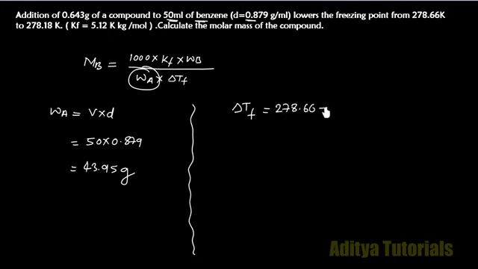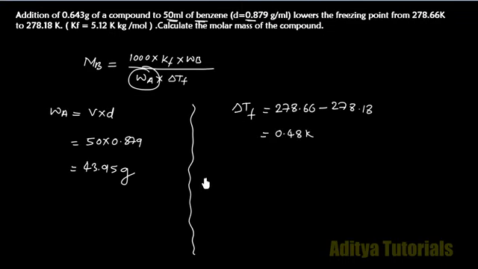278.66 minus, we get here the lower value, 278.18, and the difference we get is around 0.48 Kelvin. This is the temperature.